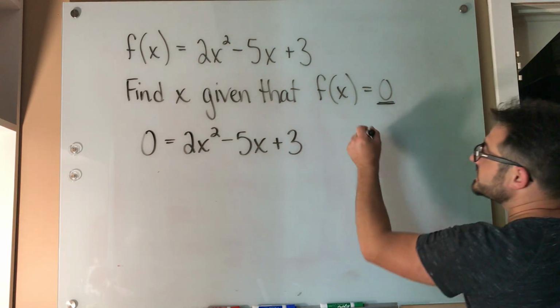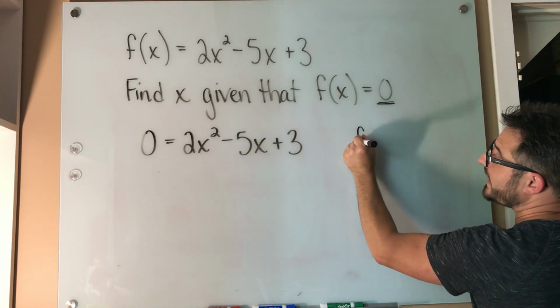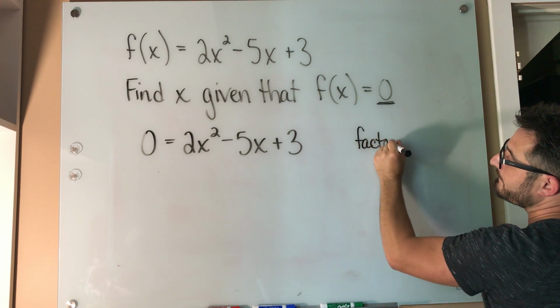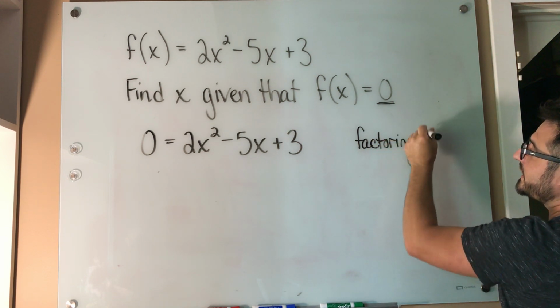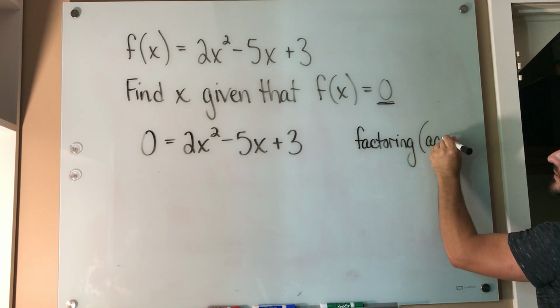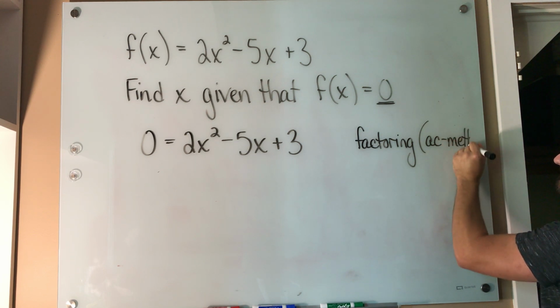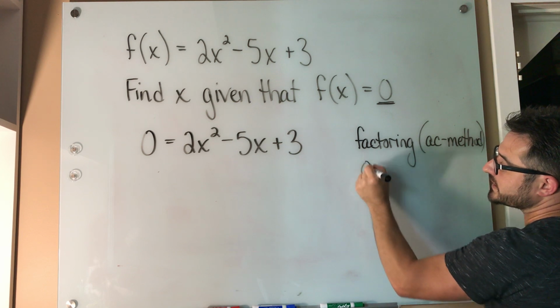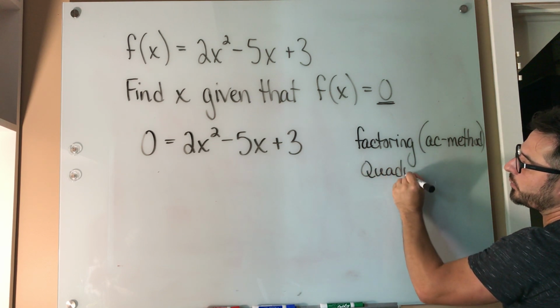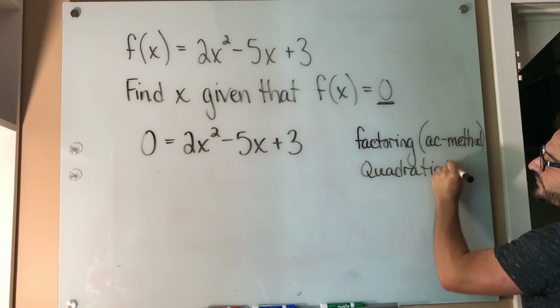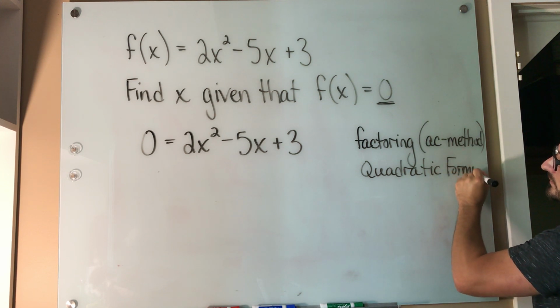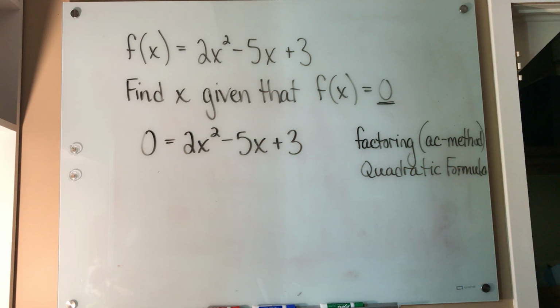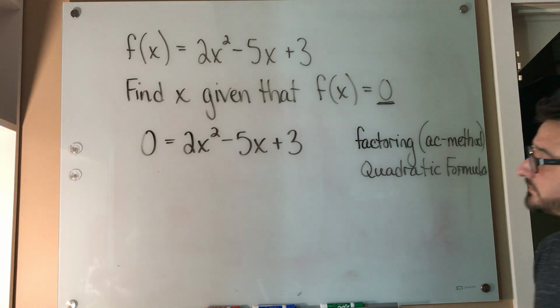So whether you use factoring, which in this case would be using what's called the AC method, or I would suggest the quadratic formula, one or the other. Both of these will work, and they should give you the same answer, so you only need to do one, of course.